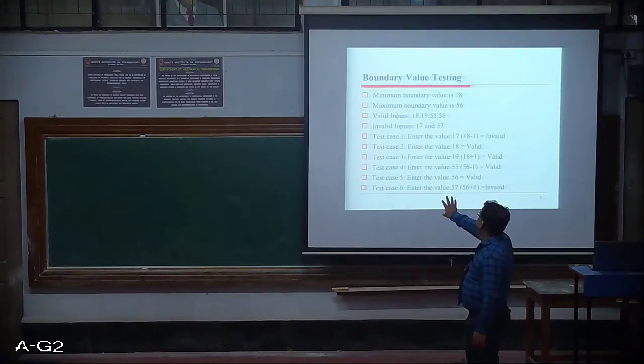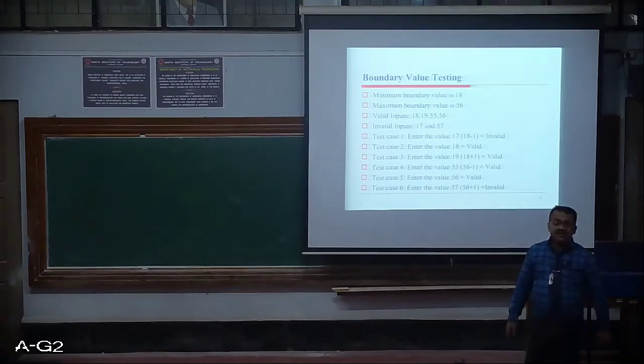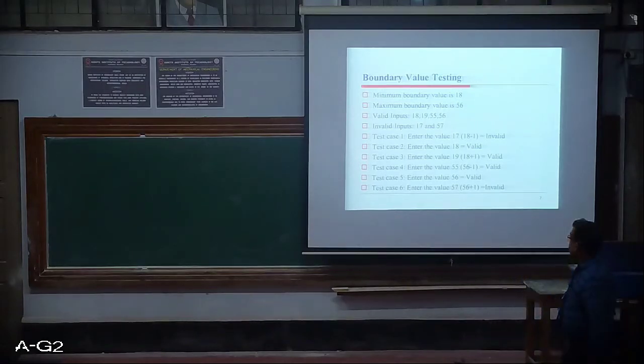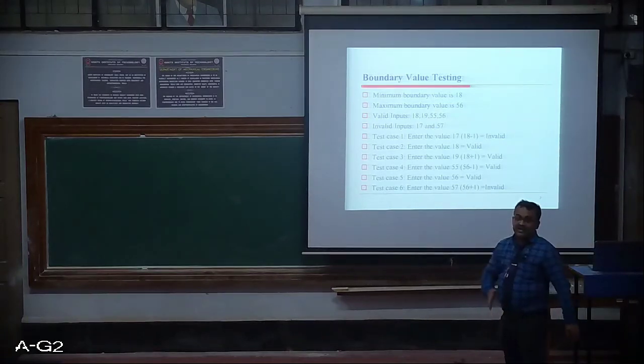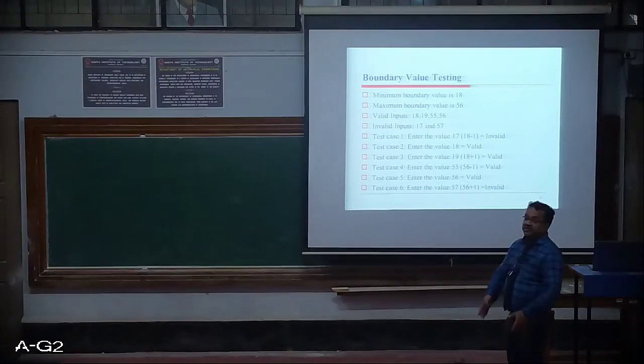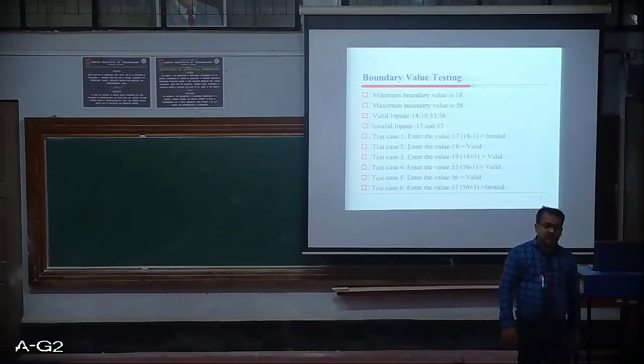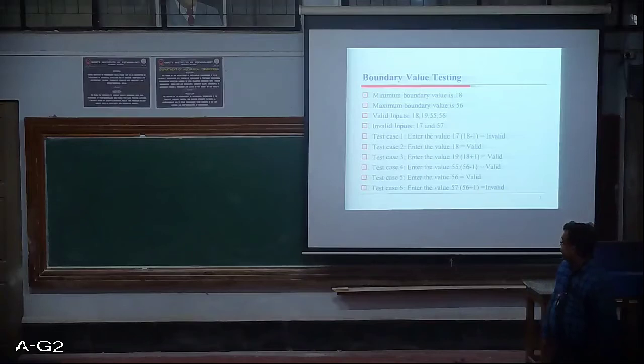So the first test case is to enter the value 17, which is just below the minimum, so it is invalid. 18 minus 1 is 17, because 18 is the minimum. Then enter the value 18, which is the boundary value, so it is a valid input.